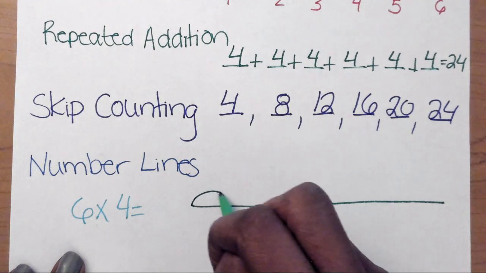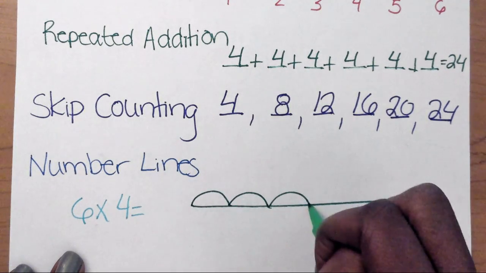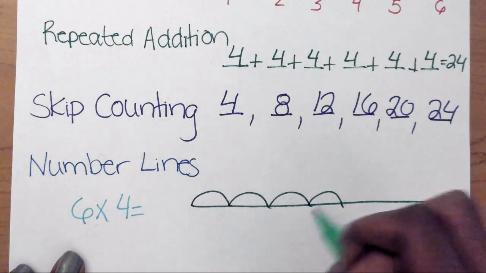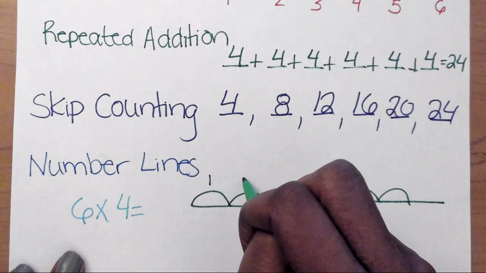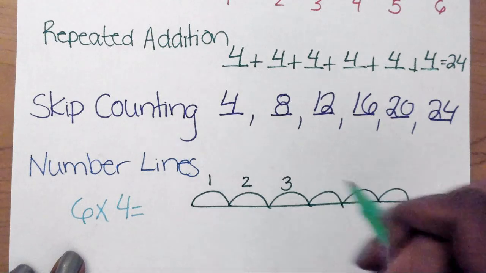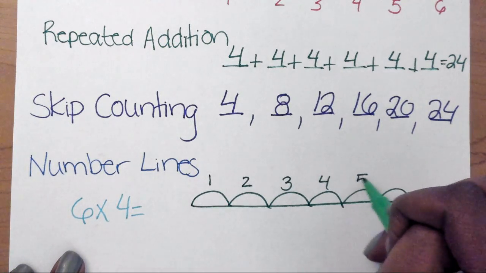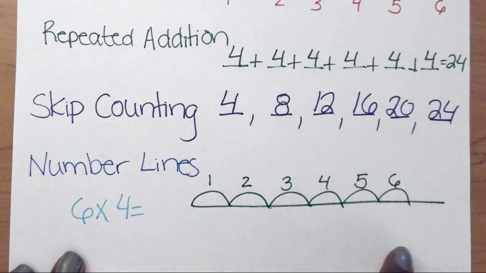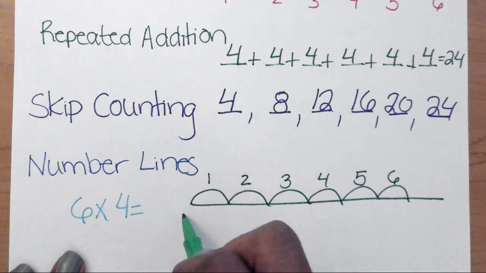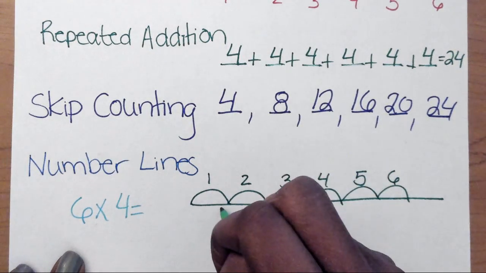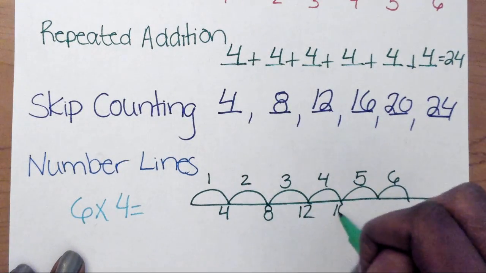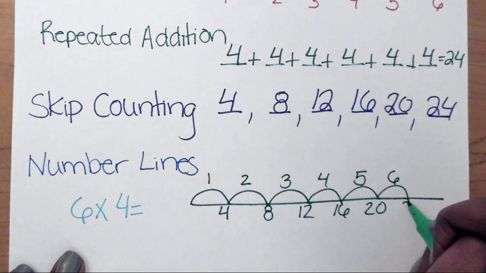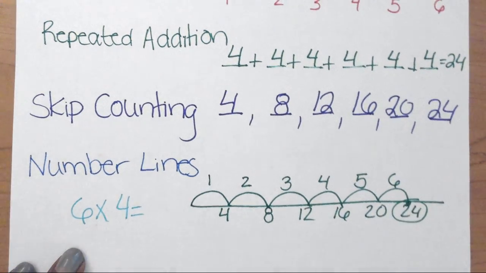Which means we're going to create 6 equal jumps and we're going to label each one. That's jump 1, jump 2, jump 3, jump 4, jump 5, and jump 6. Those represent our equal groups. Each jump has a distance of 4. 4, 8, 12, 16, 20, and 24. So our product is 24.